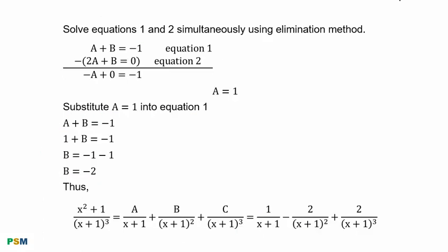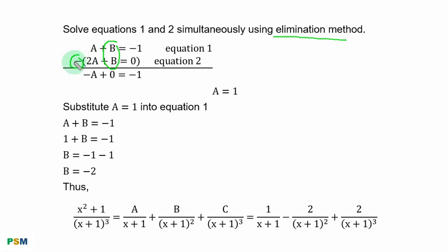Solve equations 1 and 2 simultaneously using elimination method. You have both equations. I'm going to eliminate variable B because its coefficients are the same in both equations, 1, 1. And I'm going to subtract because the signs are the same, positive, positive.